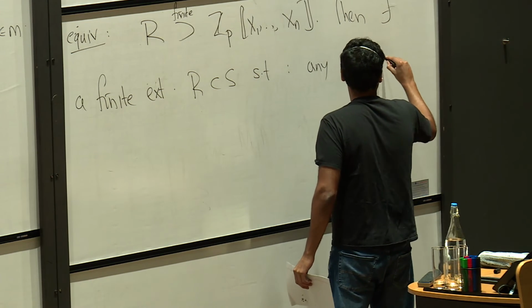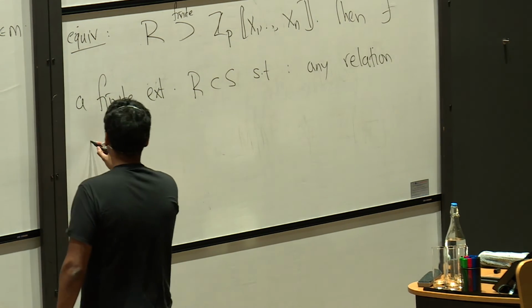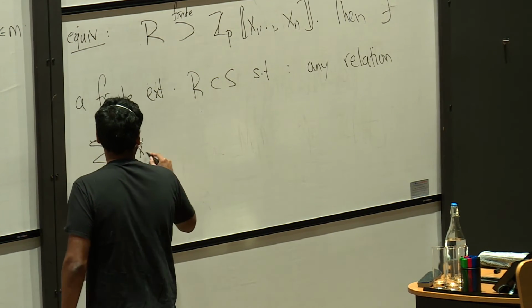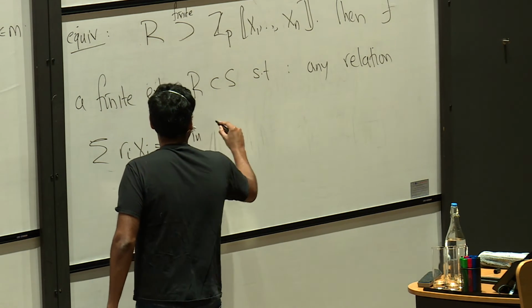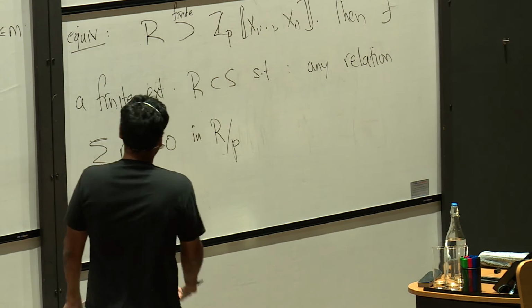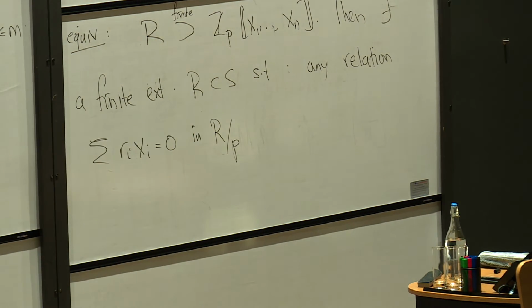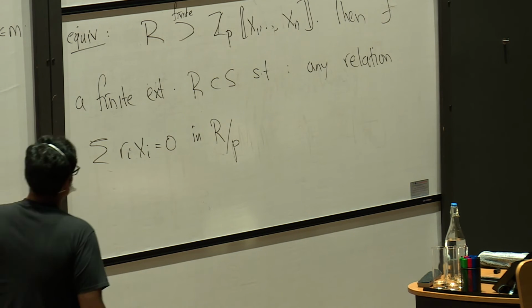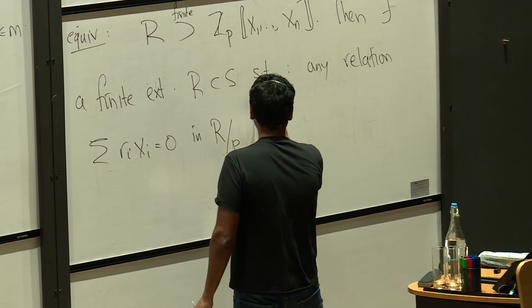Any relation of the form summation r_i x_i equals 0 in R mod P. Because R was essentially arbitrary, there can definitely be interesting relations like this. The statement is that they become trivial in S.